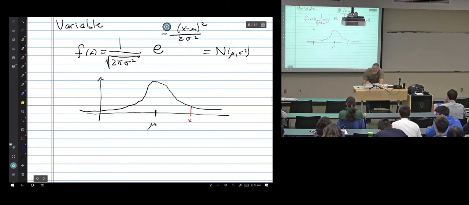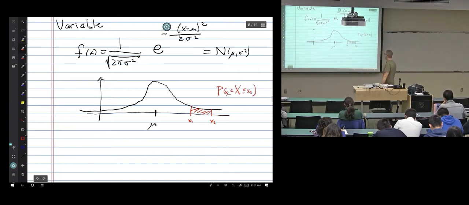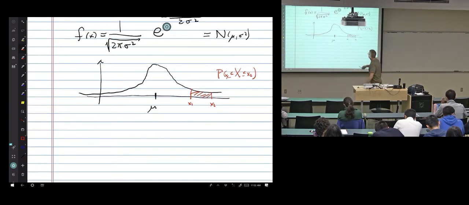And so if this is x1 and this is x2, this is the probability that x is greater than x1, less than or equal to x2. The density gives you something that pretty soon we're going to call a mean value, and then a spread about that, which we'll call a variance.